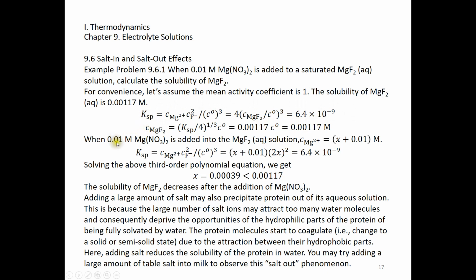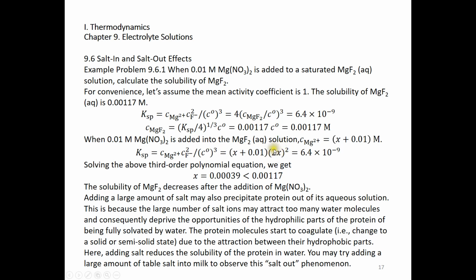And now we add 0.01 molar magnesium nitrate into this magnesium fluoride solution. So now you can see the concentration of the magnesium cation is x plus 0.01 molar. The 0.01 over here comes from magnesium nitrate. x is from the dissolution of the magnesium fluoride. So if x molar magnesium fluoride is dissolved, we have 2x as the concentration of fluoride.